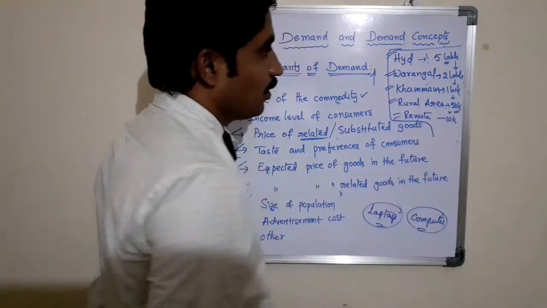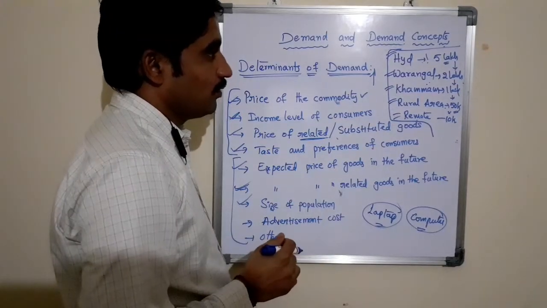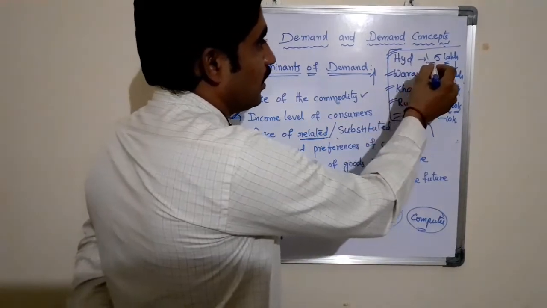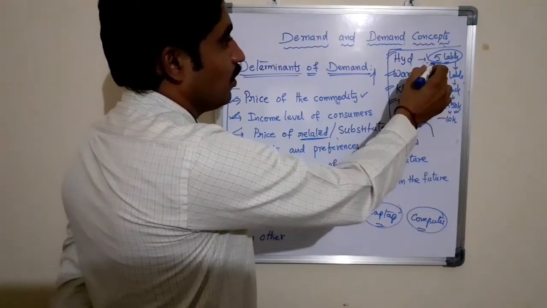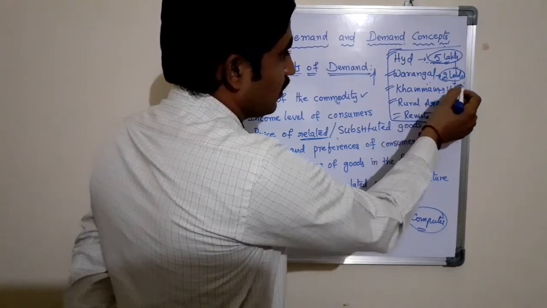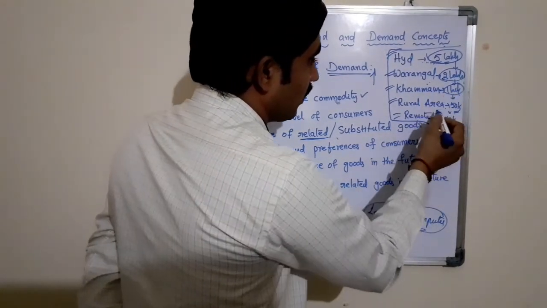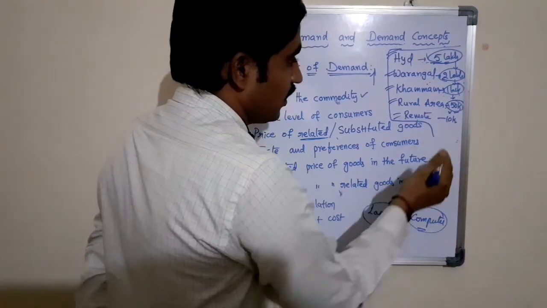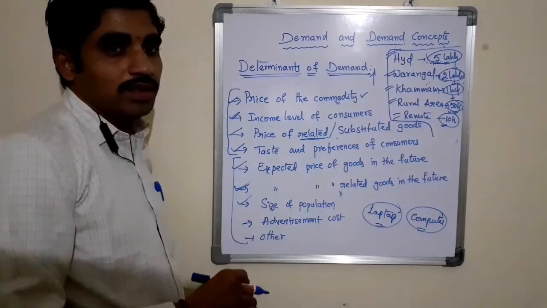Here, if you want to determine the demand for your product, the quantity demanded of your product in Hyderabad is more compared to Warangal. Compared to Warangal, in Khammam there is less demand. Compared to Khammam, rural areas is very less. Compared to rural areas, the remote area is very less.